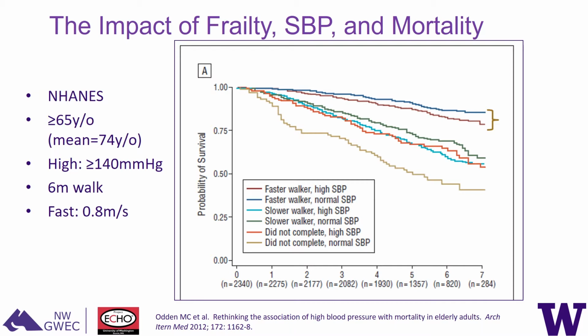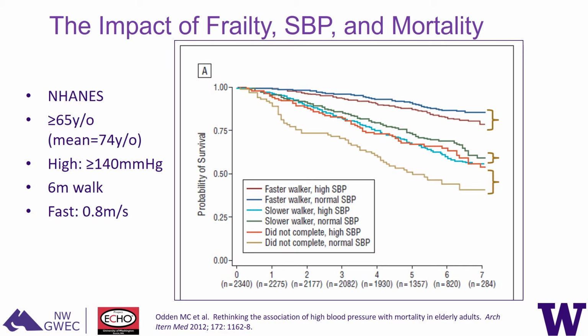People who had a faster walk speed, if they had a normal systolic blood pressure, meaning less than 140, their probability of survival was higher, less likely to die. They found the exact same thing in patients who were slow walkers too, that a normal blood pressure portended a lower mortality or higher probability of survival.